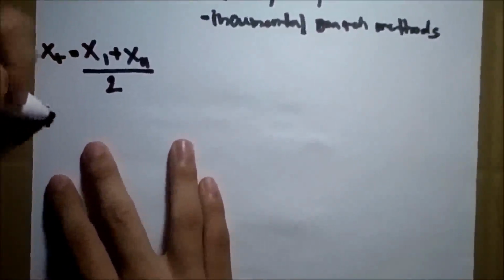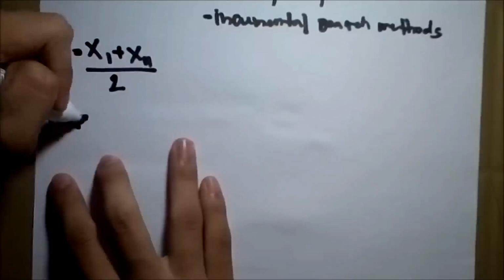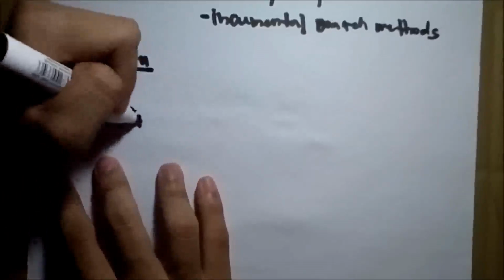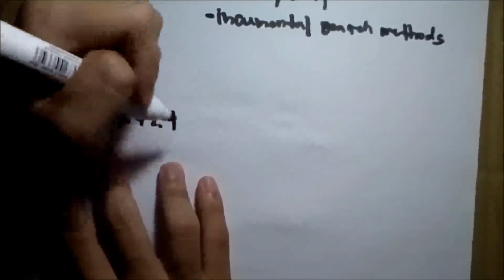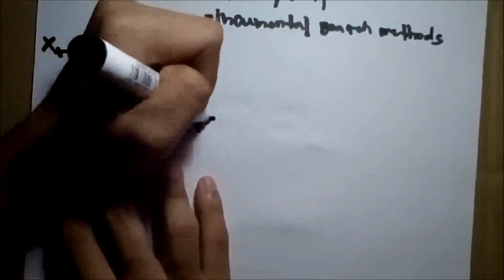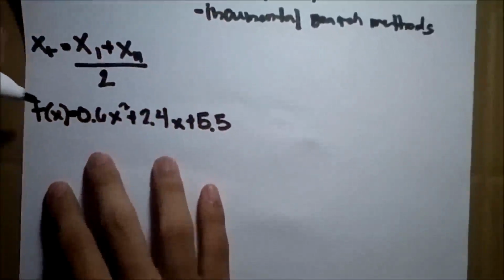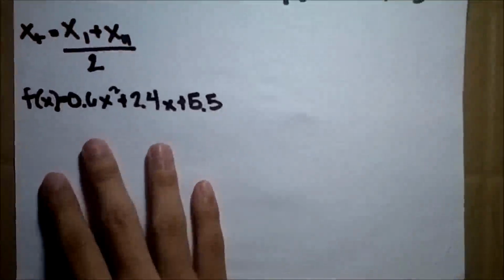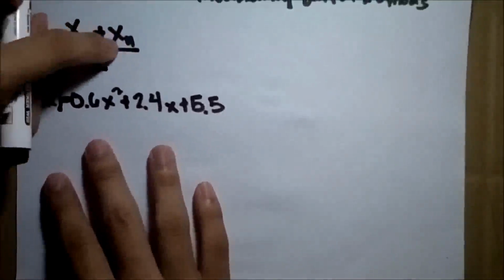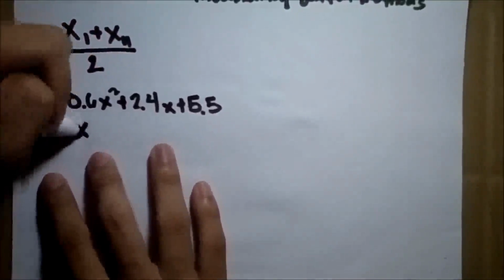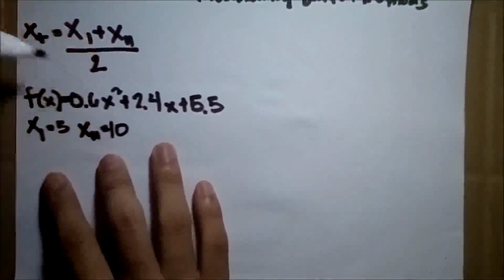Determine the real roots of f of x equals 0.6x squared plus 2.4x plus 5.5. The initial guesses for x sub l and x sub u are 5 and 10.